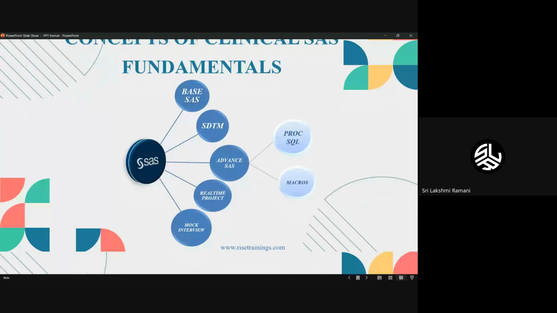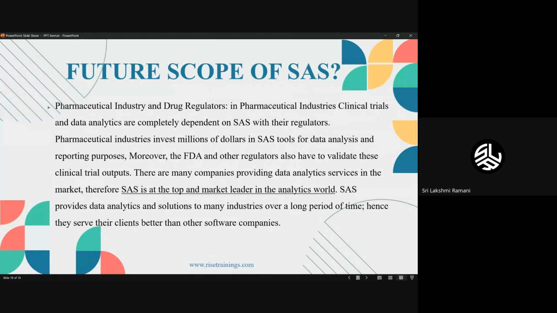Yeah. Next, coming to the next topic, future scope of SAS. You all might have the doubt that if we learn SAS, we will not have any jobs, but that is completely false. Life science background is evergreen. People will get sick.